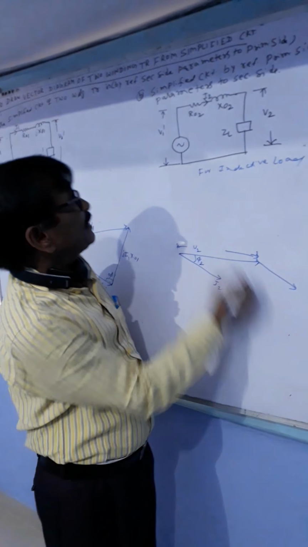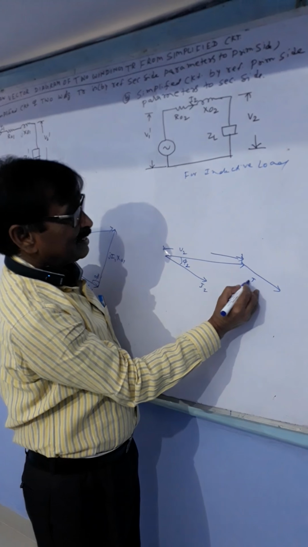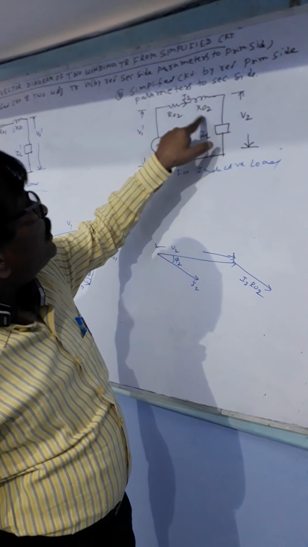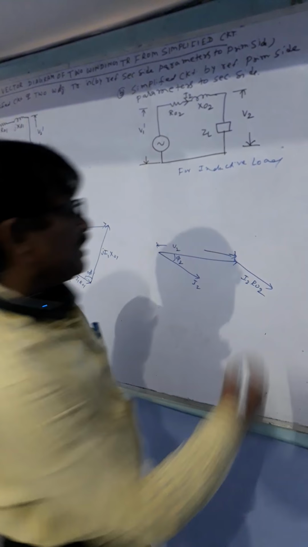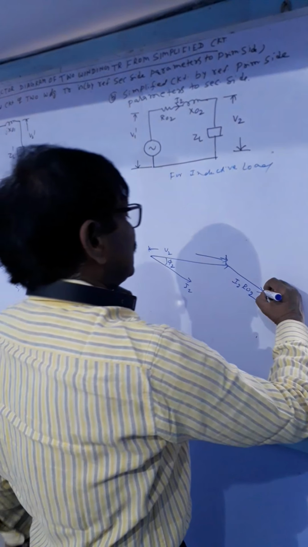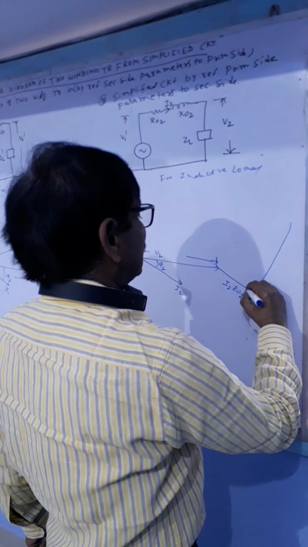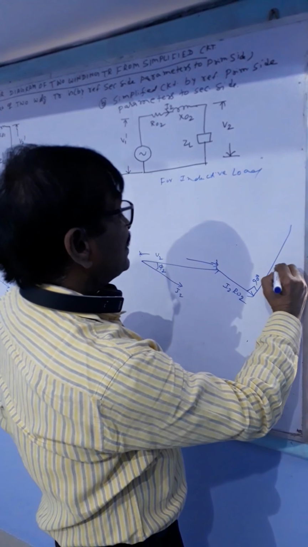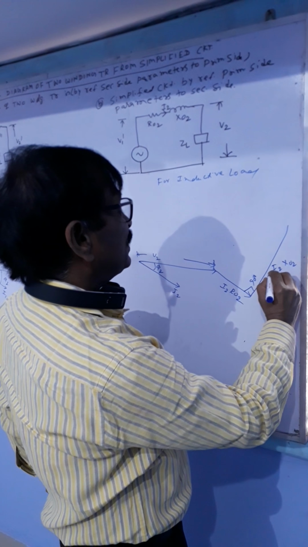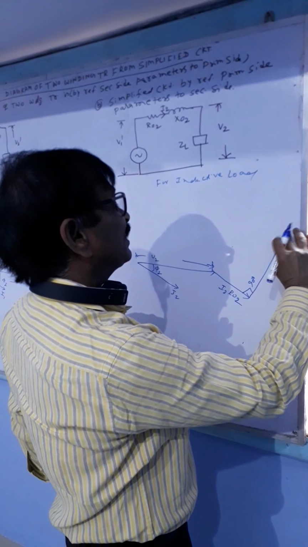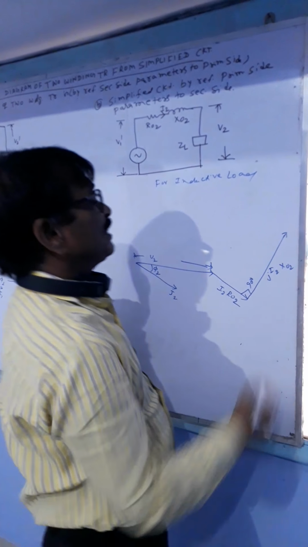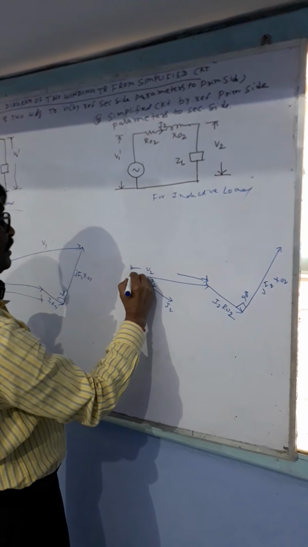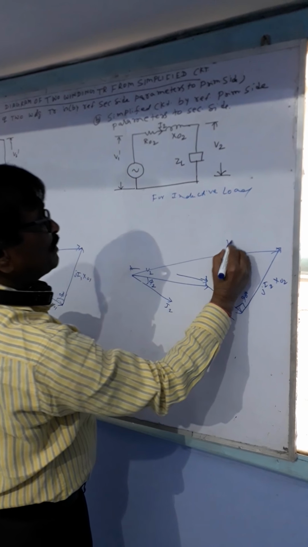Yes, I2 multiplied by R02, and the product of I2 and X02 will be in quadrature with this line, in anti-clockwise direction 90 degree. This value will be I2 multiplied by X02 in j direction, and this final point and this initial point is the supply voltage V1 dash.